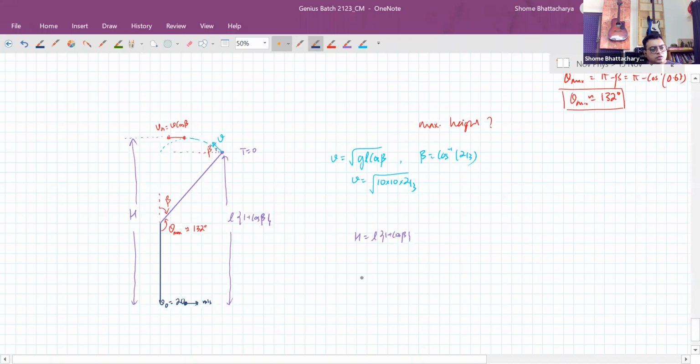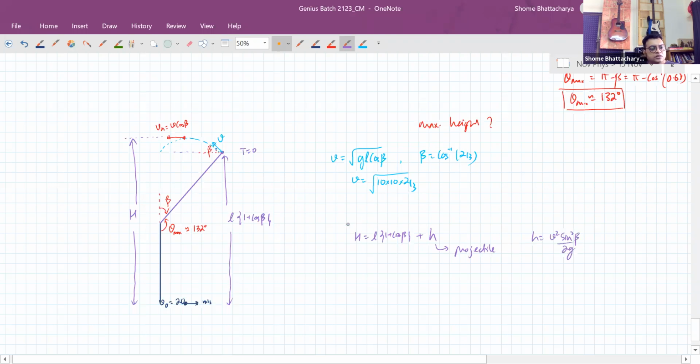Yes, okay. So one way we can calculate this is this plus small h for the projectile motion. So small h is v square sine square beta by 2g.